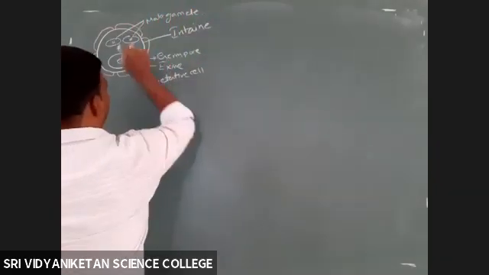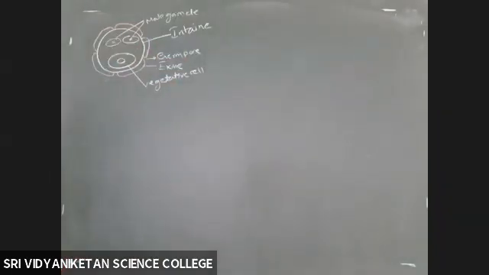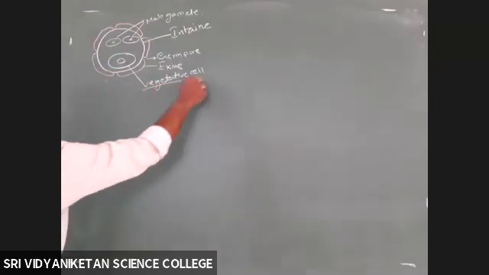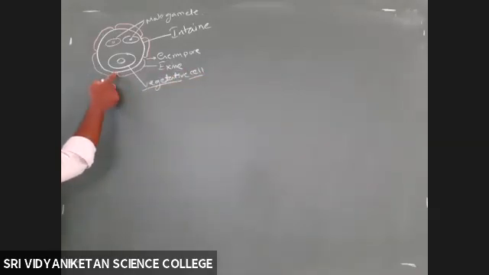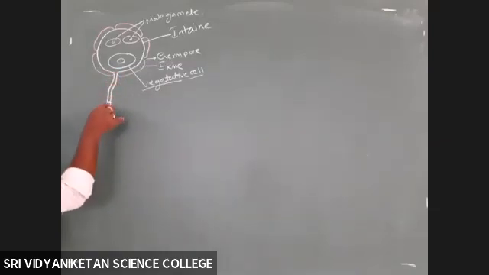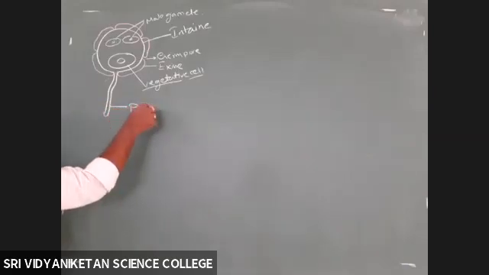Whenever the pollen grain is ready to germinate, at the germpore the vegetative cell creates pressure on the intine, and due to that pressure, the intine comes outside in the form of a long tube. Now it is called the pollen tube.